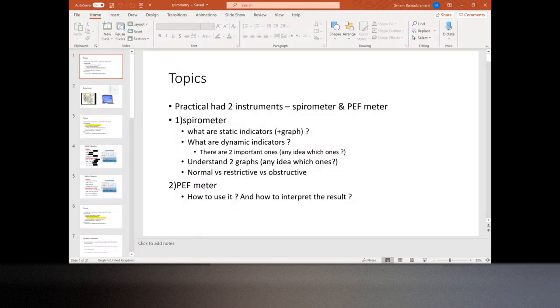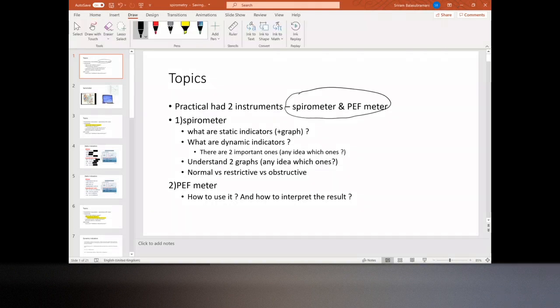So we had two instruments, right? We had the spirometer and we had the PEF meter. These are the two instruments we used. The PEF meter is the peak expiratory flow meter, and the spirometer we will discuss. The main aim of the lab was to figure out if a person has a normal, restrictive, or an obstructive disease.